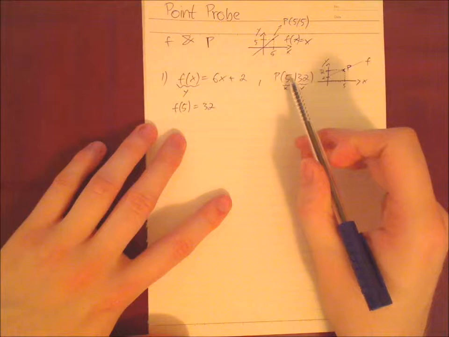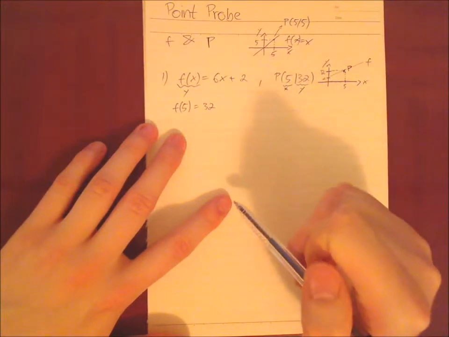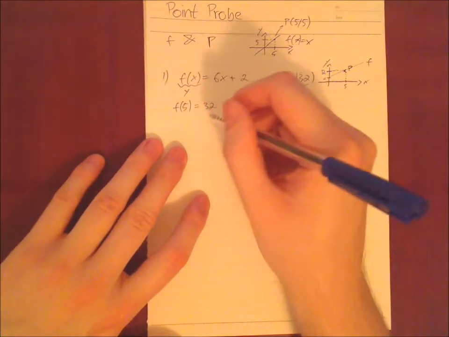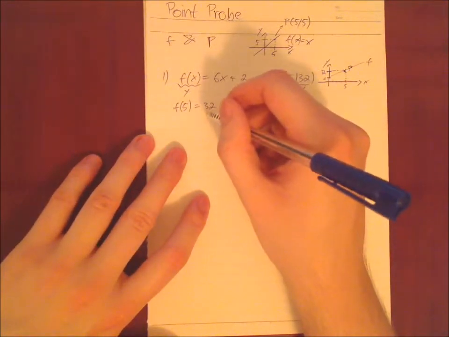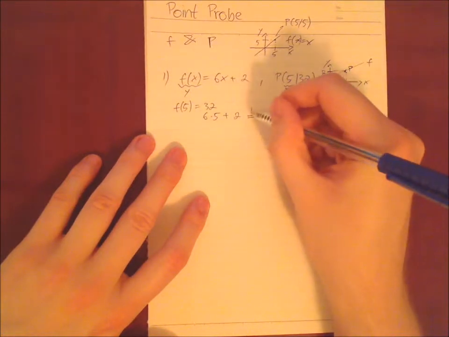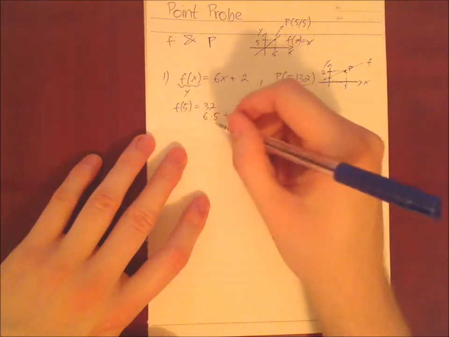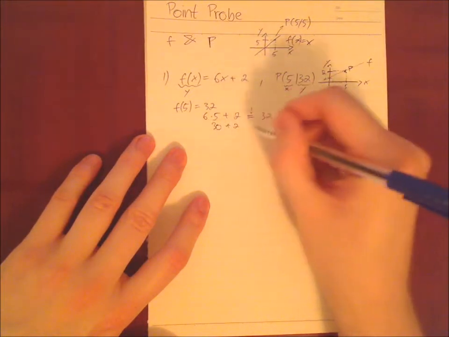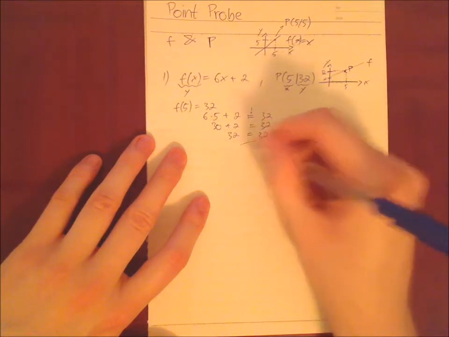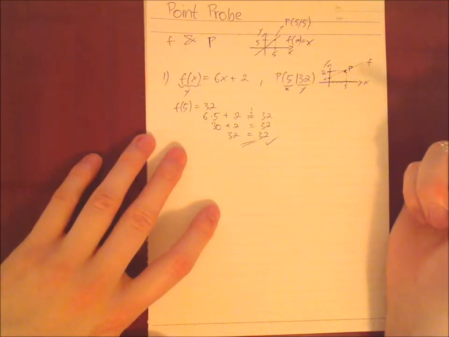We can assume this given the point, and we want to know whether it is true or not. So if we insert 5, 6 times 5 plus 2 should equal 32. In this case, we see 6 times 5 is 30, plus 2 is 32. 32 is 32. Okay, in this case, perfect. We see that the point is part of the function.